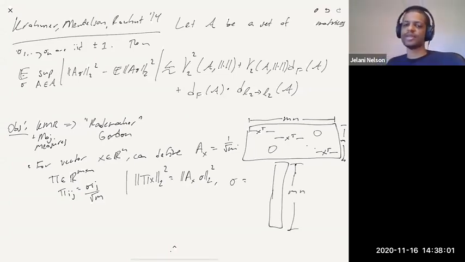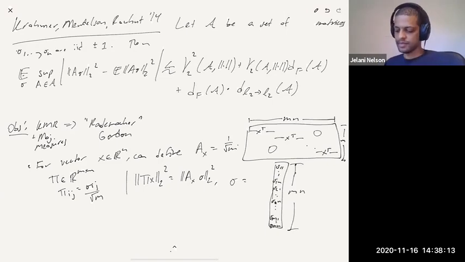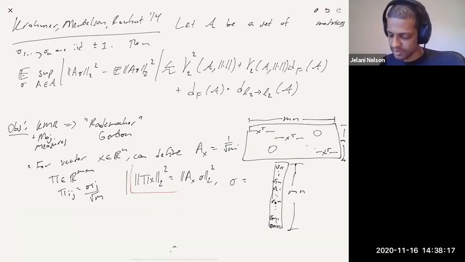You basically concatenate the rows of pi: sigma_11 up to sigma_1n, then sigma_21 up to sigma_2n, all the way down to sigma_m1 up to sigma_mn. I claim that this is true.